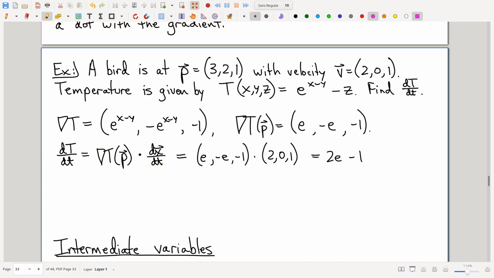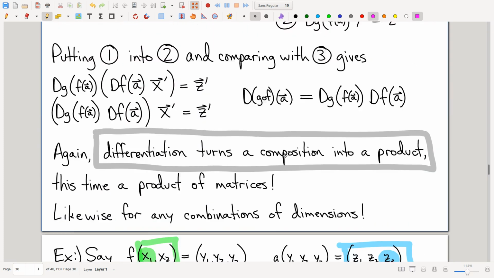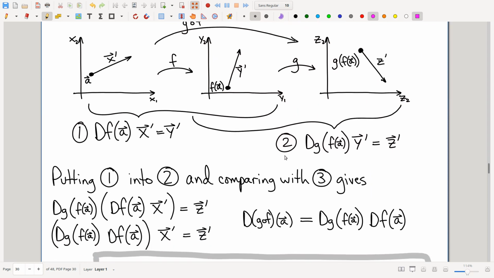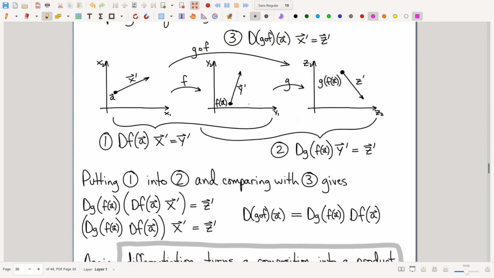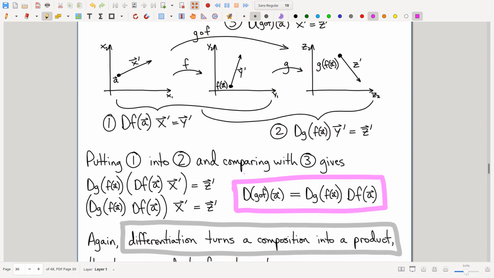Okay, so I am a big believer that this is the best way to think about the chain rule. Let me just get it all onto the page here. That this is the best way to think about the chain rule, that it's a statement about derivative matrices. A couple of reasons. First of all, that's what derivatives are.